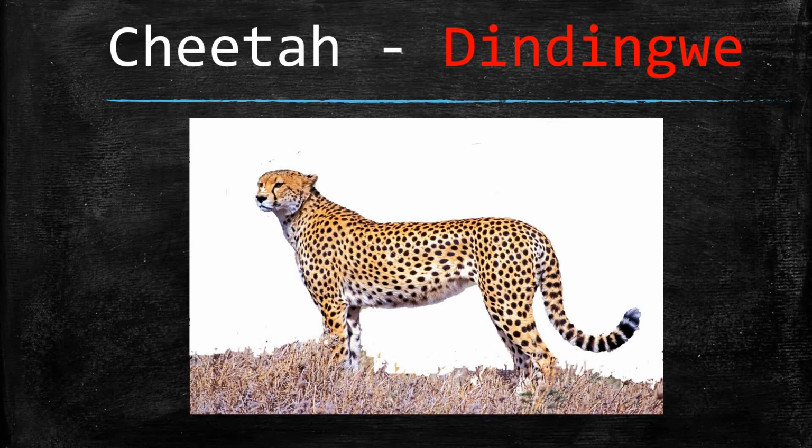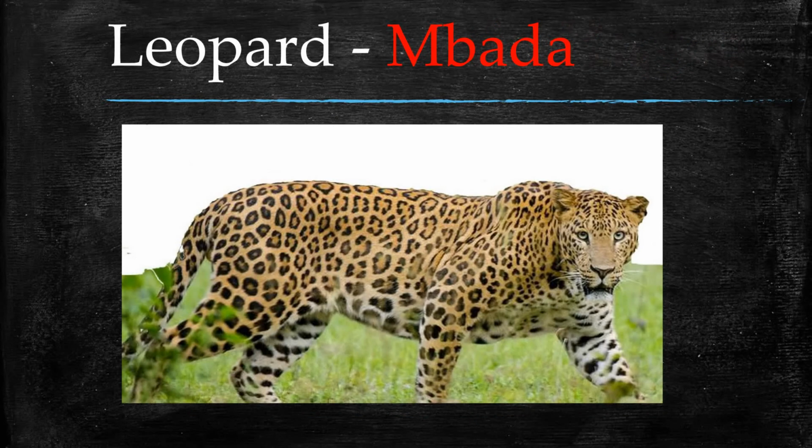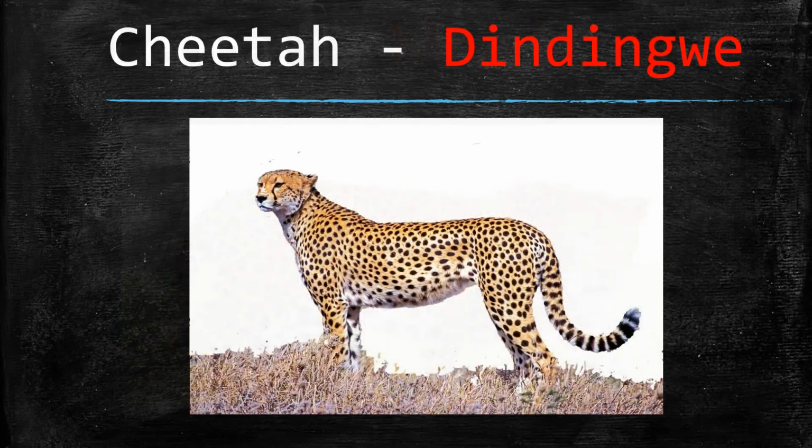Dindingwe. Now it looks very similar to the leopard, and sometimes people confuse the two, but the main difference is that the cheetah is taller and probably longer, and its spots are solid.